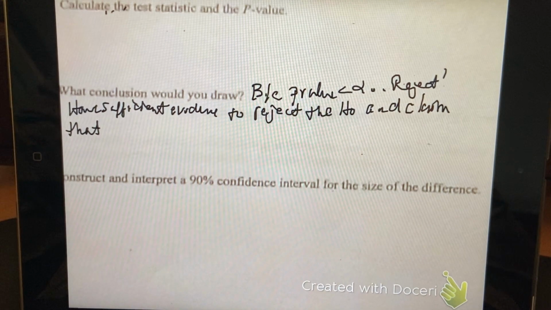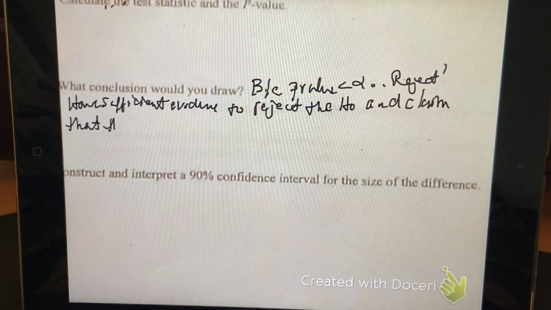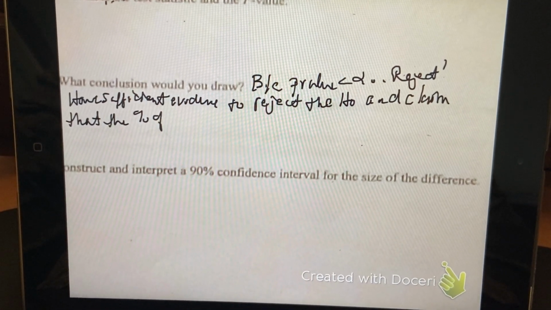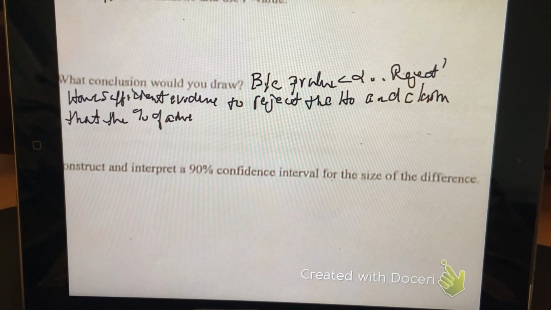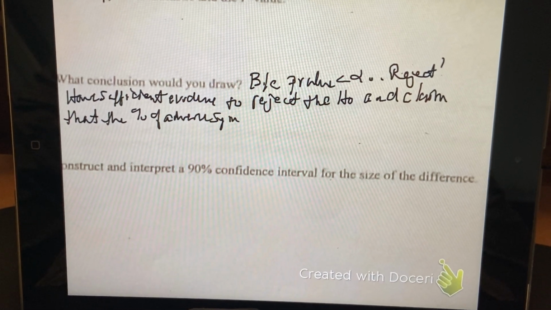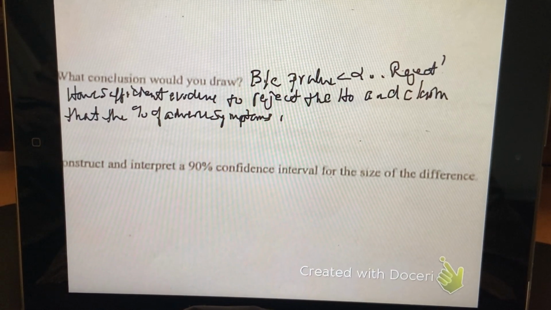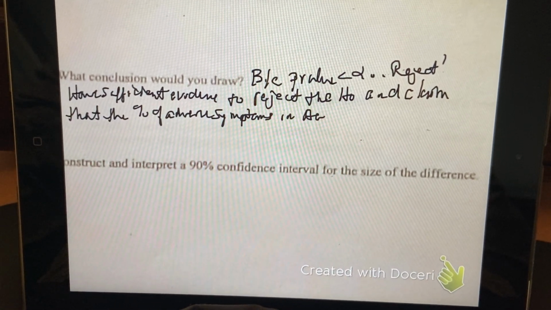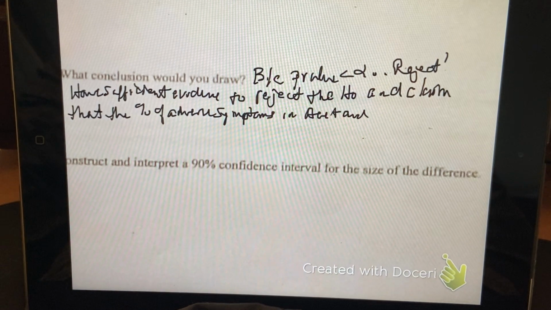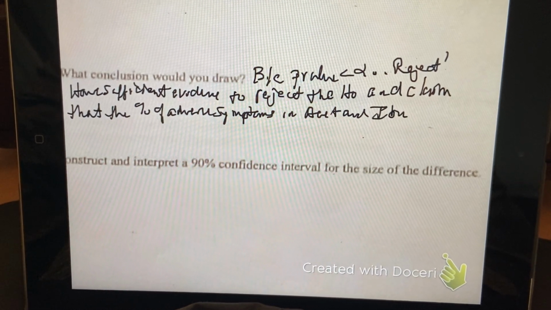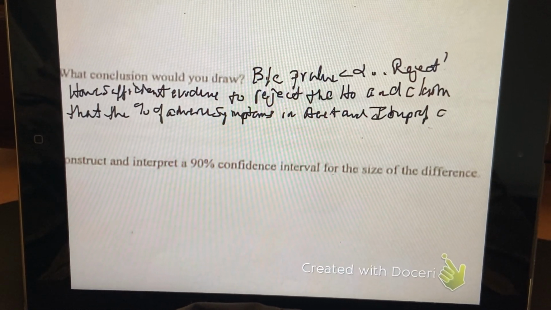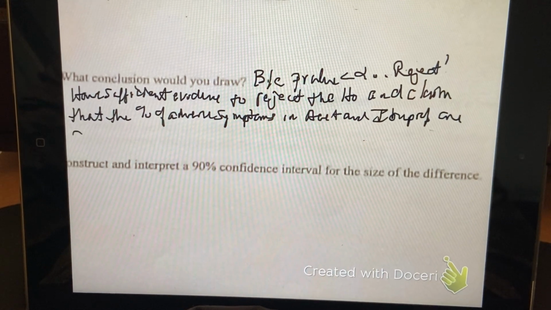And here's our context, that the percent of adverse symptoms in acetaminophen and ibuprofen are different.